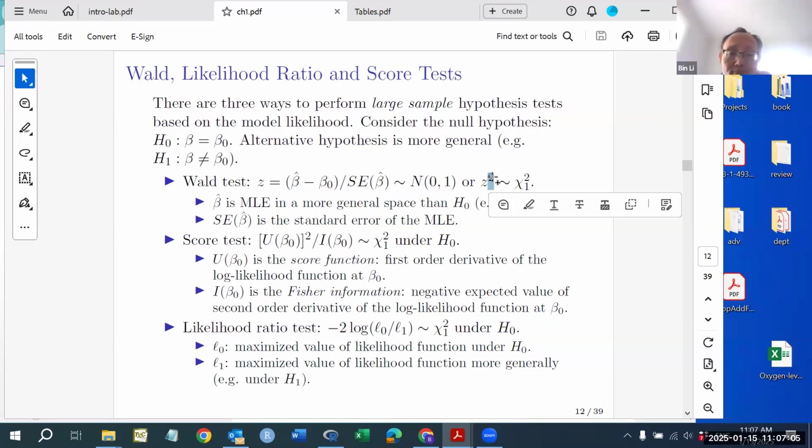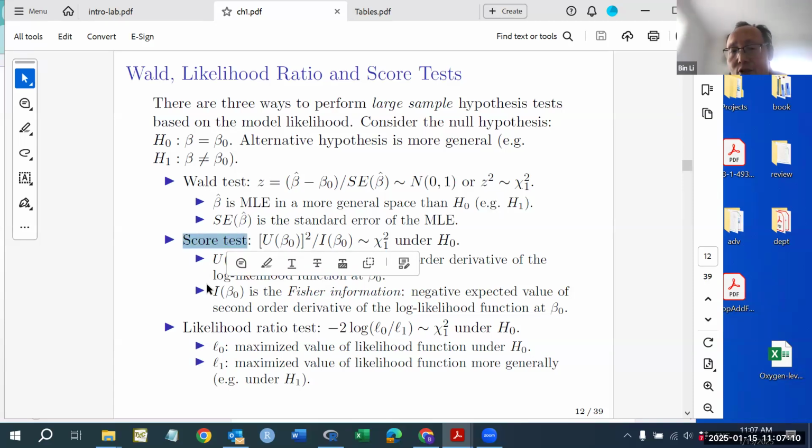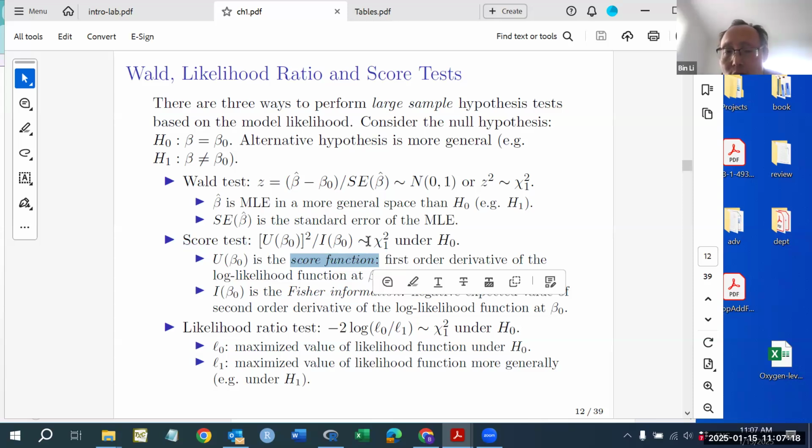So this is the Wald test, and the score test uses a different test statistic. The numerator is actually the square of the score function. So what is a score function? That's the first order derivative of the log likelihood function at beta 0.